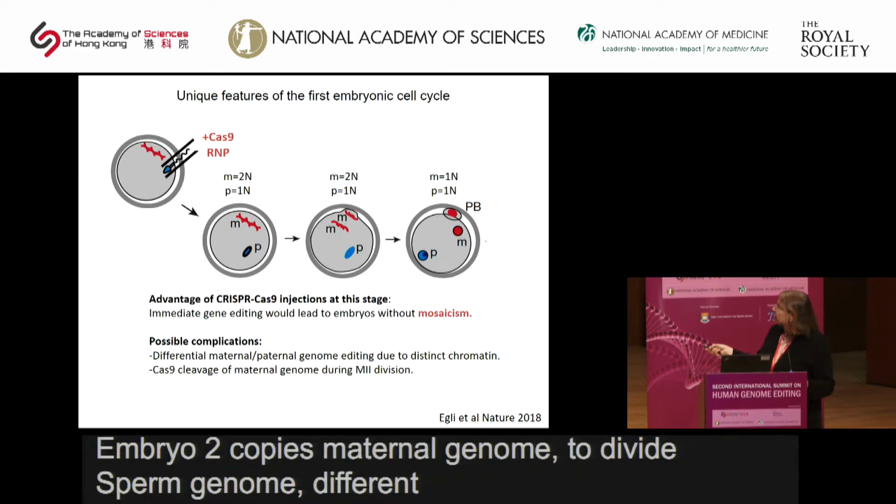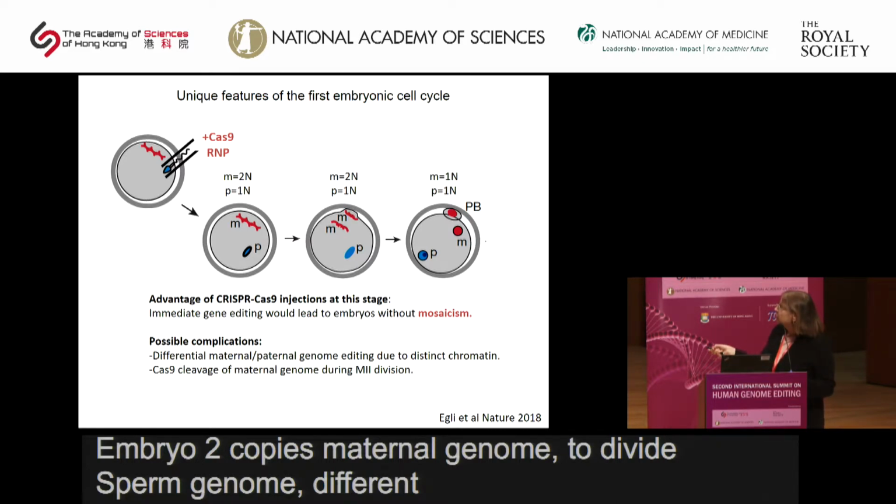So as was just mentioned, the advantage to very early injections of Cas9 is that the maternal and paternal genomes at this stage are a single copy, and so this would mean that immediate gene editing would lead to embryos without mosaicism, which is highly preferred.